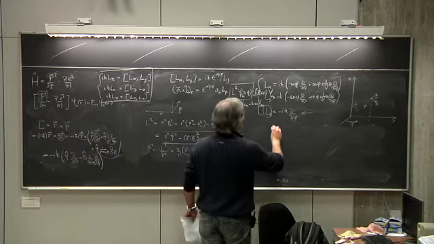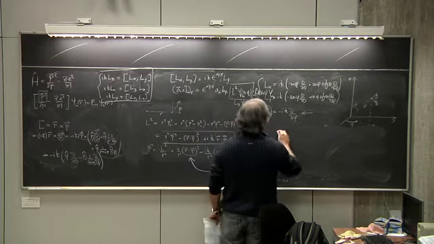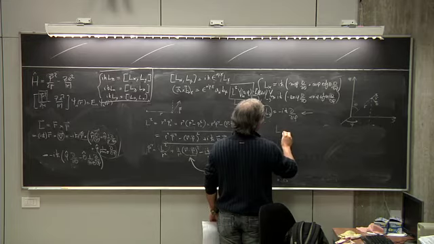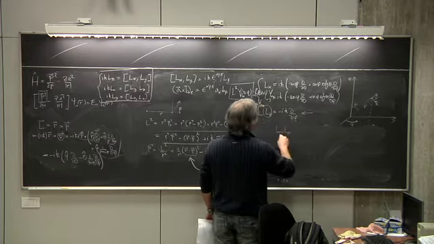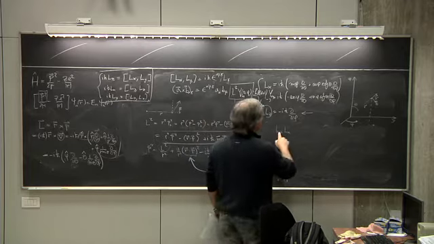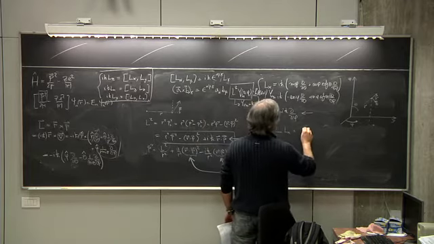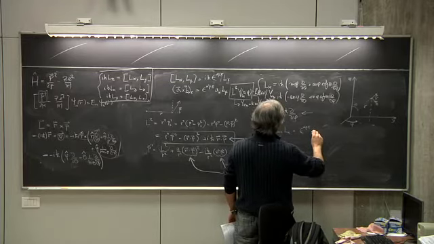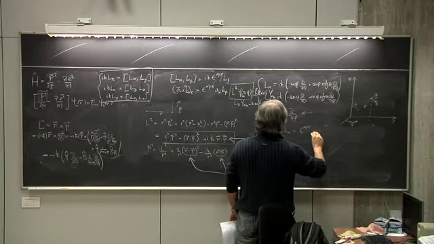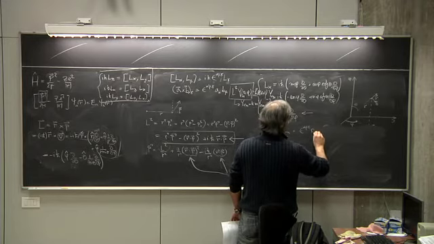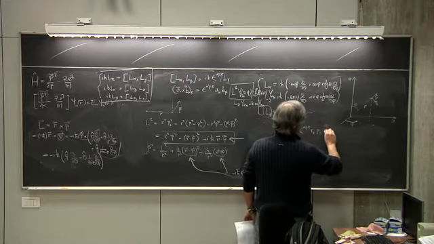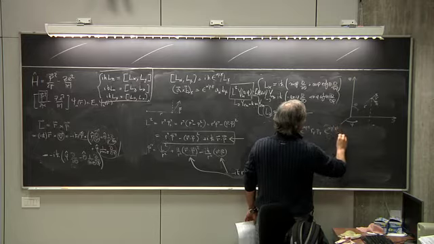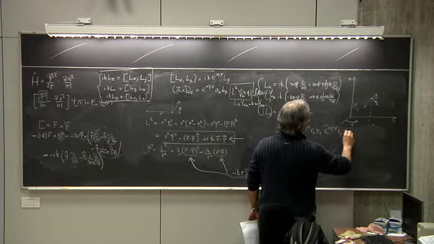And all you have to do is, for instance, L squared, you write it as L component alpha L alpha, summed over alpha. But every L alpha, you write it as epsilon alpha beta gamma R beta P gamma, and the other also epsilon alpha beta prime gamma prime R beta prime P gamma prime.